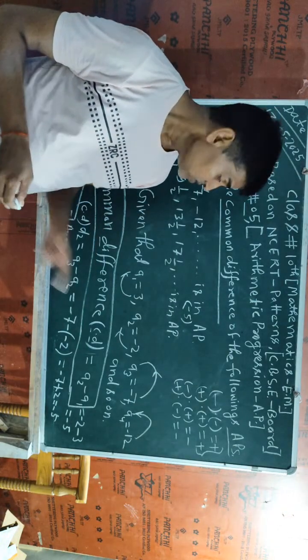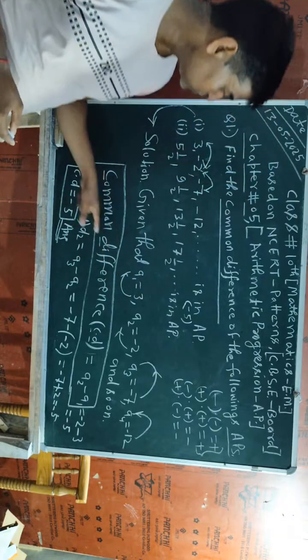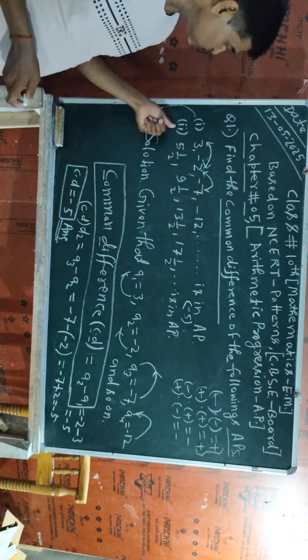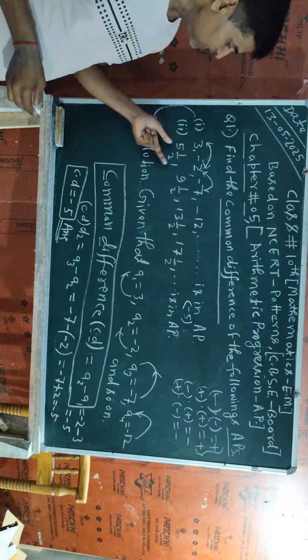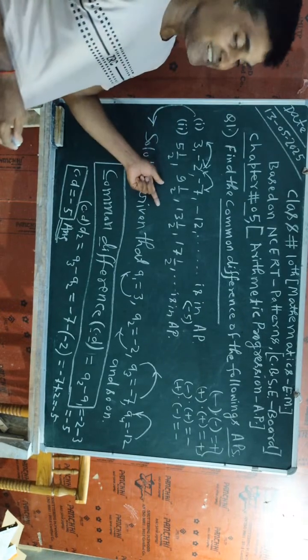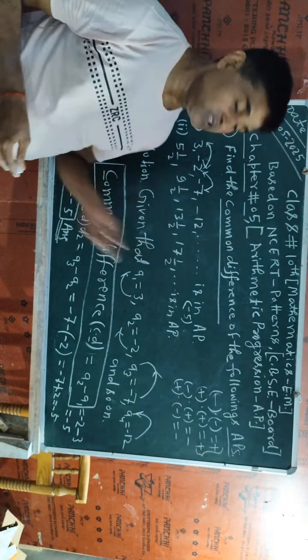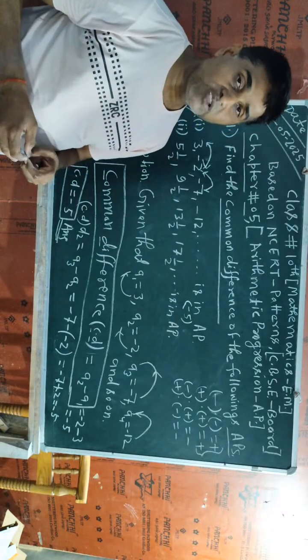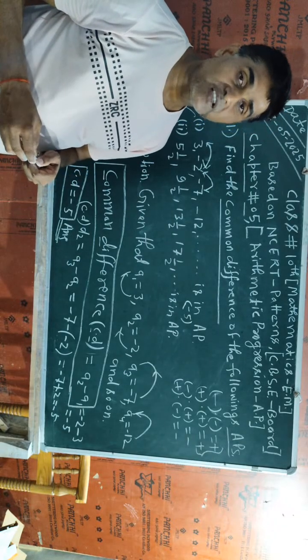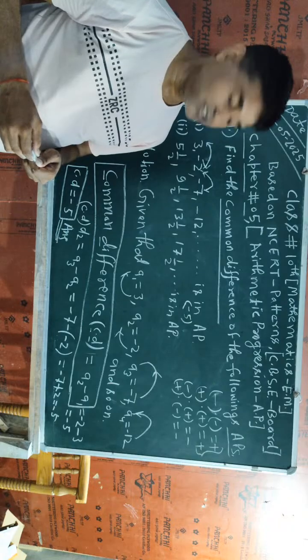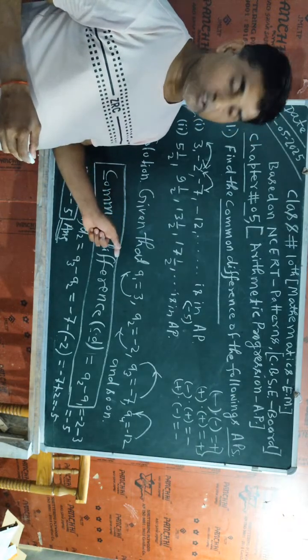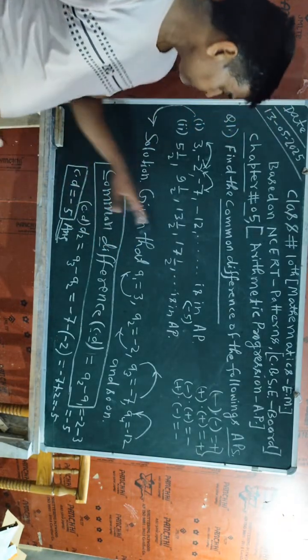Okay, student. Now this solution I am going to erase, and after erasing I will solve question number 2, and that series is available. I will use the formula for how to get the common difference of an AP series, and I will also simplify.